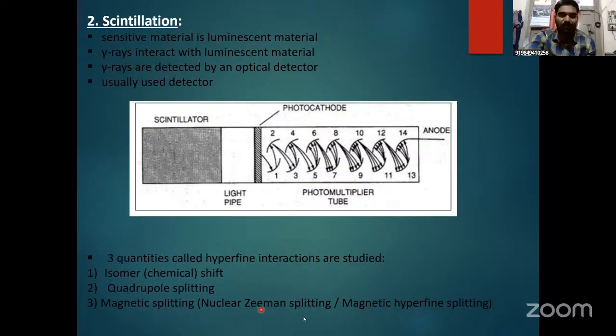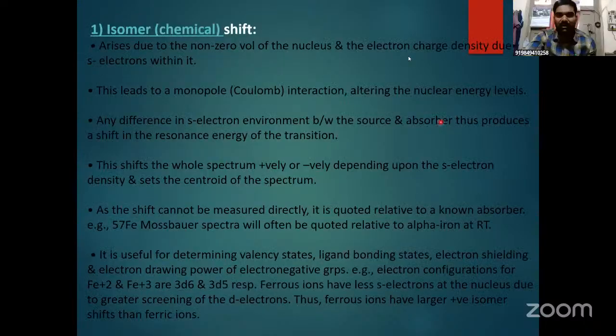Isomer shift arises due to the non-zero volume of the nucleus and the electron charge density due to the s electrons within it. When the chemical environment alters, the energy separation between the ground state and the excited state of the nucleus changes, thereby causing a slight shift in the position of the observed resonance line.